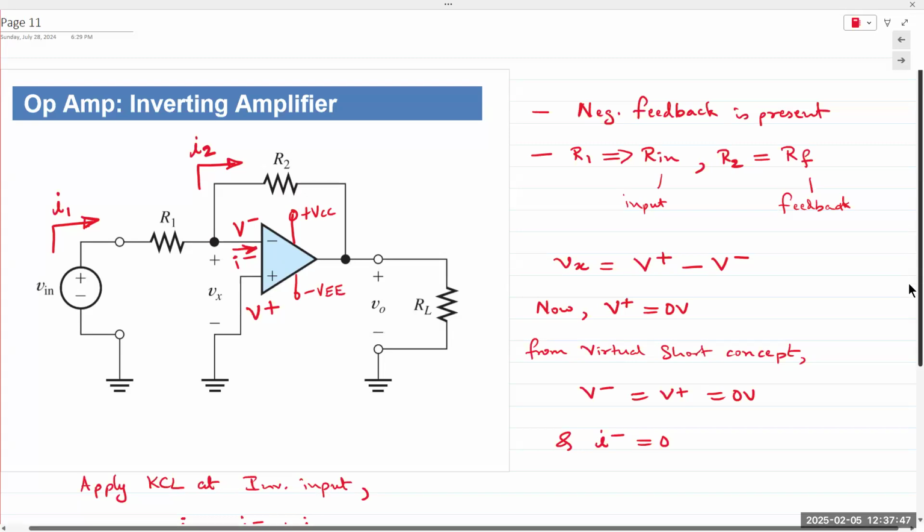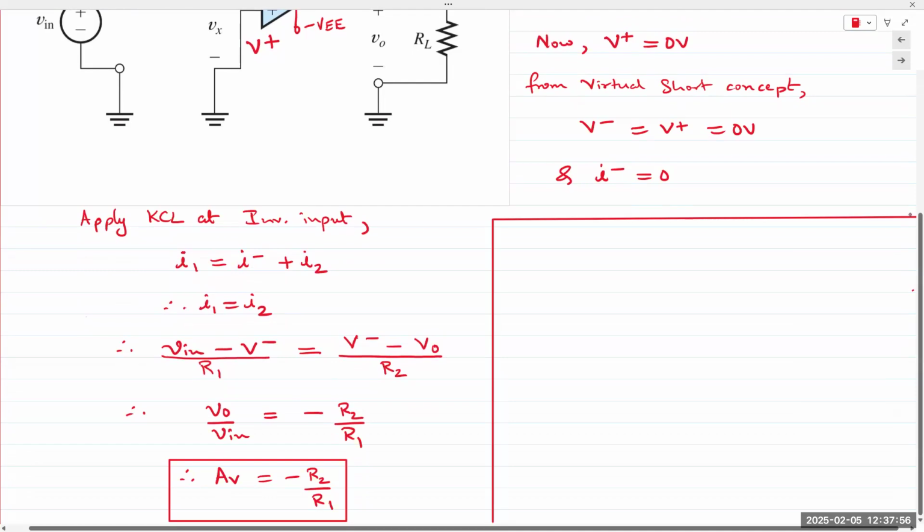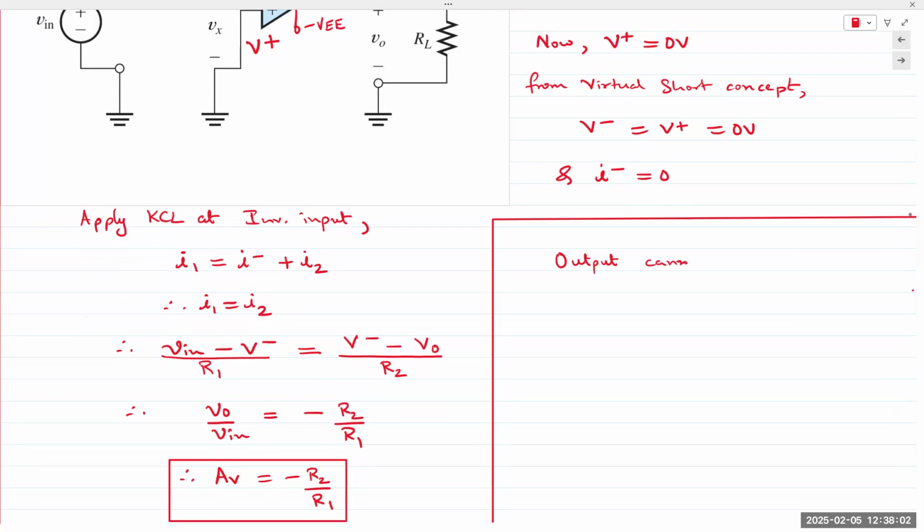So the important point that I'm trying to make here is that the output of an op-amp, or any circuit for that matter, cannot exceed the supply voltages.